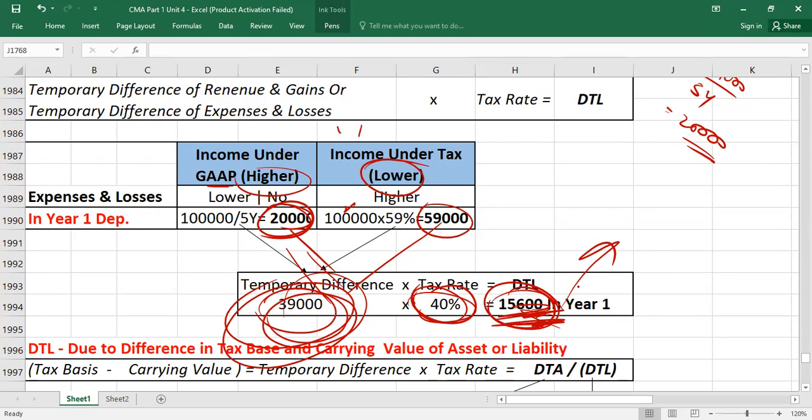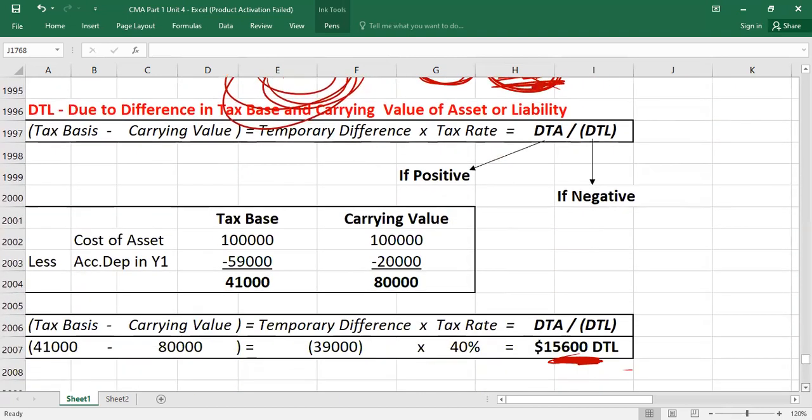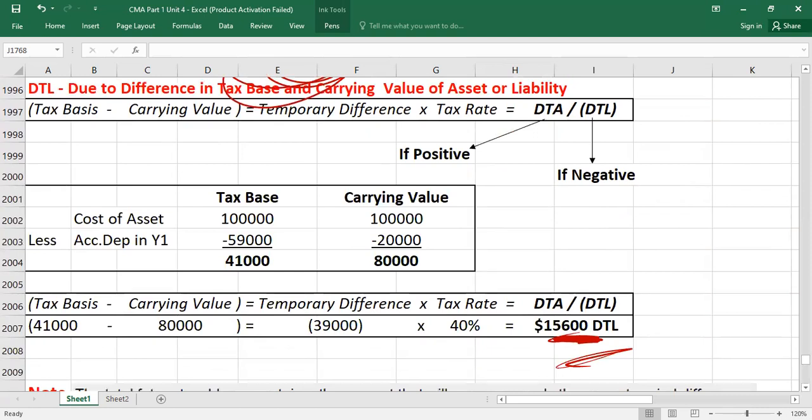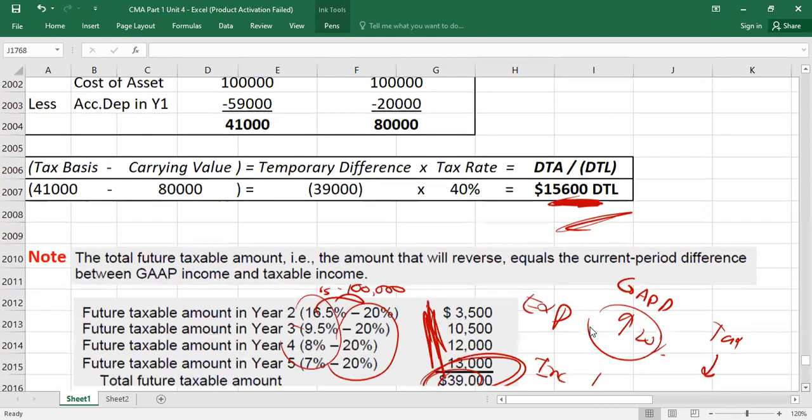If we compare with this equation for the second year, this is your total liability, 15,600. In the second year, you will do only this calculation.